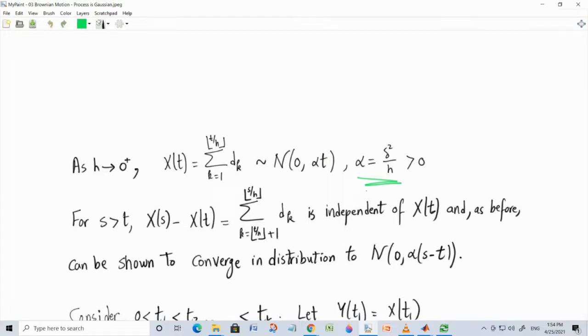And so you wonder, do we have a Gaussian random process? Based on what we have done so far, do we have a Gaussian random process?